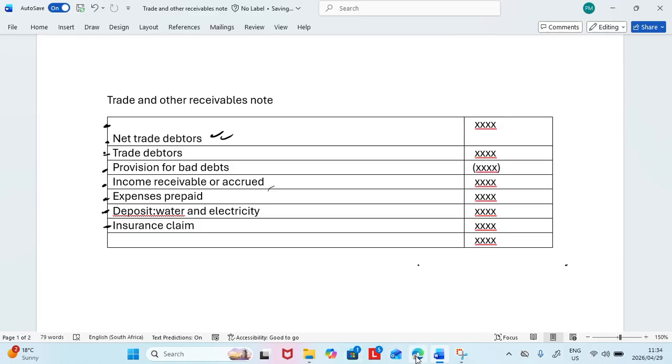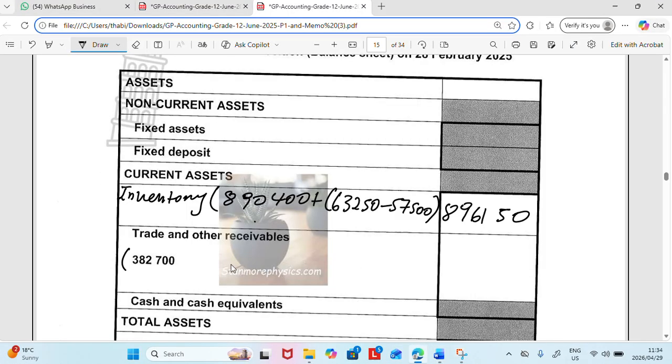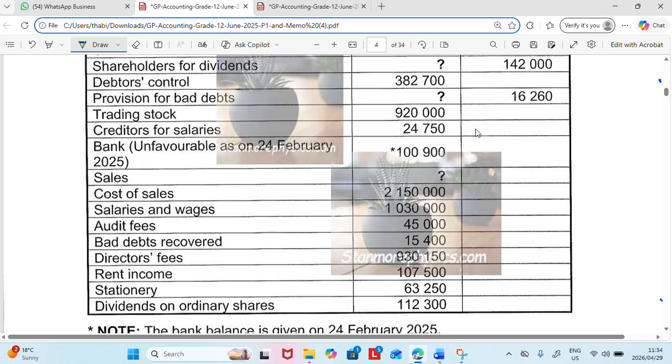So this is what we need to do. I want you to notice that we're already given the 382,700. This 382,700 is from the list of balances, debtors control of 382,700.